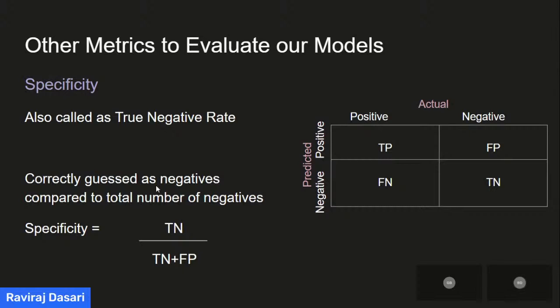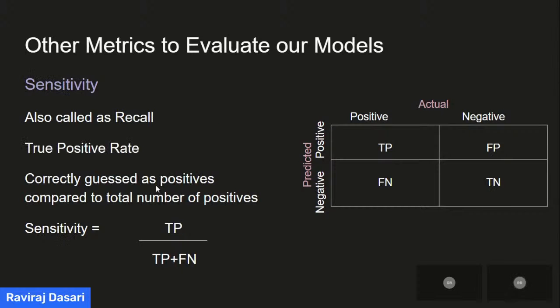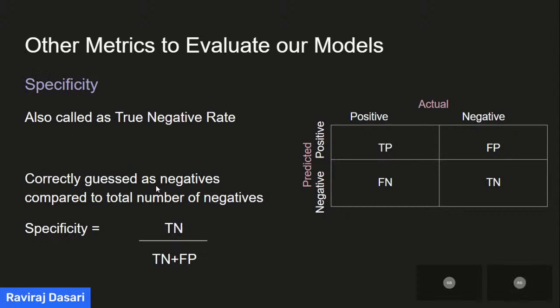You just need to remember these two sentences. Sensitivity is the ability to predict positive as positive, like predicting a dog as dog. Specificity is the ability to predict a negative as negative, like predicting a cat as cat, the ability to predict true negatives.